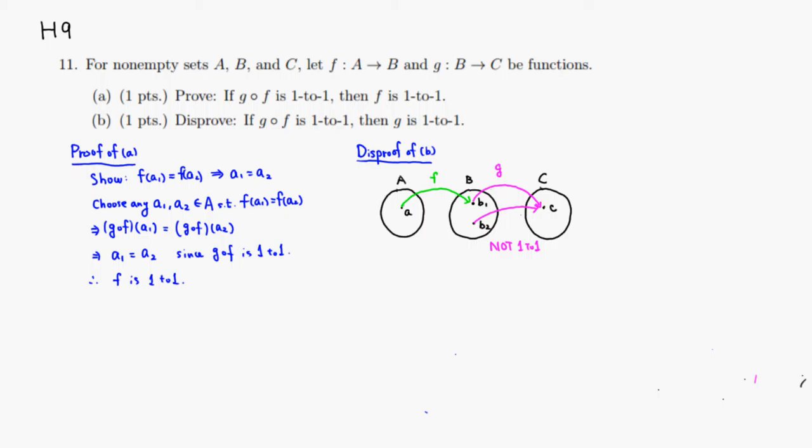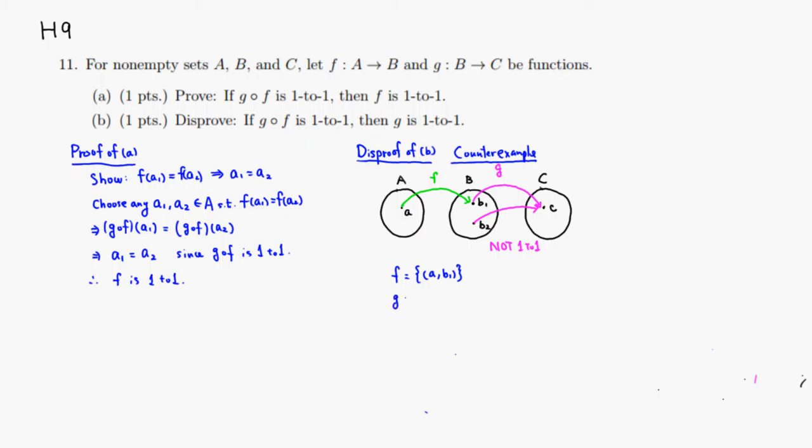But if you look at g, it is not 1 to 1. So here's a counterexample. f is just from A mapped to b1, and that's it.